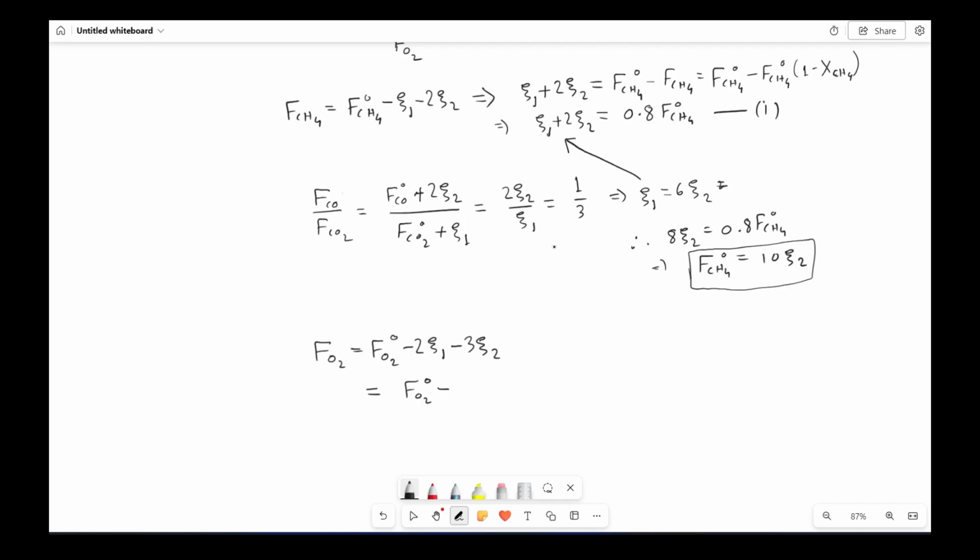Zeta 1 can be written as 6 zeta 2, and zeta 2 is 1 by 10 FCH4 naught, so zeta 1 is 0.6 FCH4 naught.